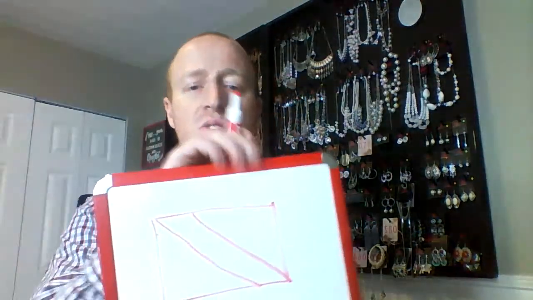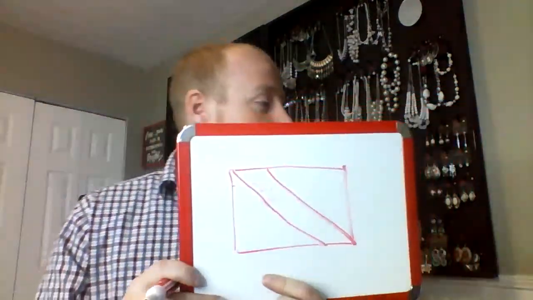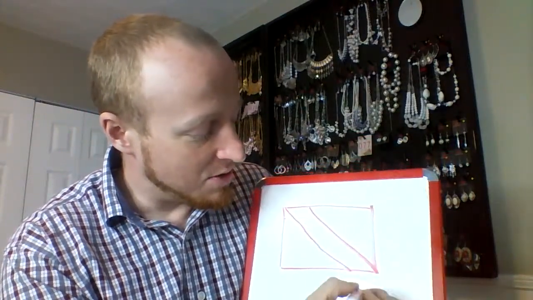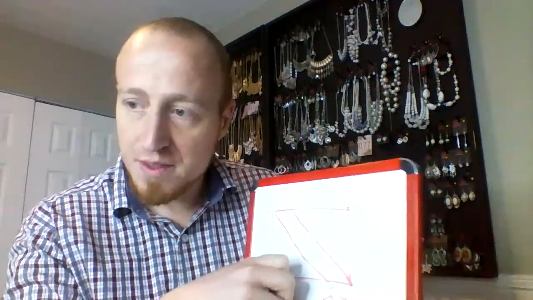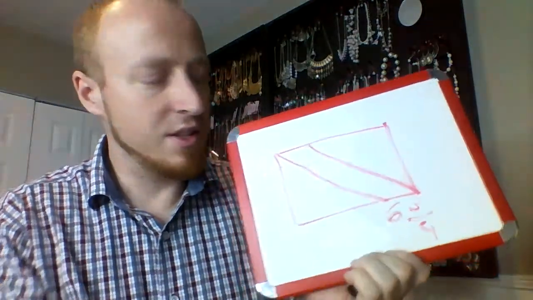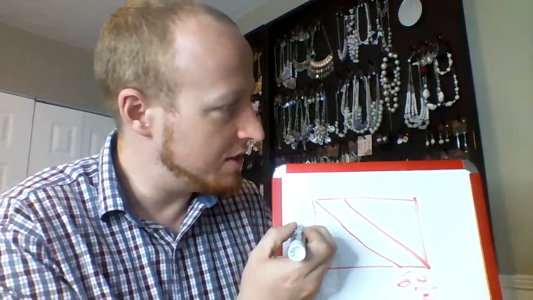So there's a flag that looks sort of like this, and there's this stripe that runs through it. And it says the base is 6 3/4. This marker is terrible. That's why I should use my black one. 6 3/4.